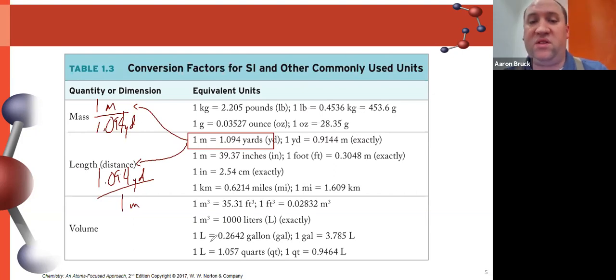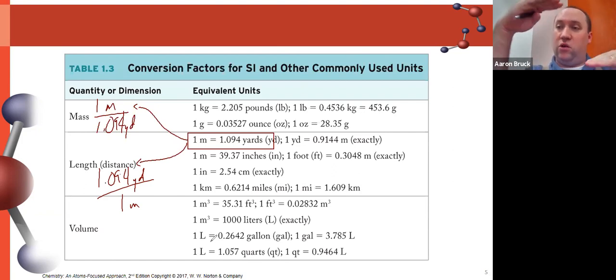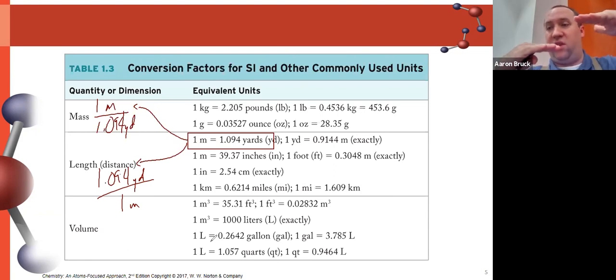Which one do we use? Well, it depends on the circumstances. It depends on what we're trying to cancel out and where that unit is. If the unit is in the denominator, then we're going to want to make sure that in the conversion factor, that same unit is in the numerator so that they cancel out. If it's in the numerator, we want to make sure that the canceling unit is in the denominator, again, so they cancel out.